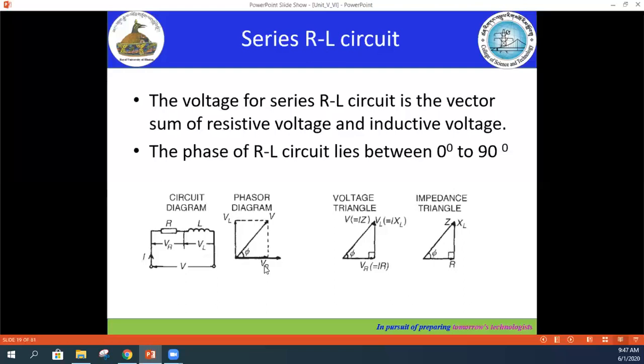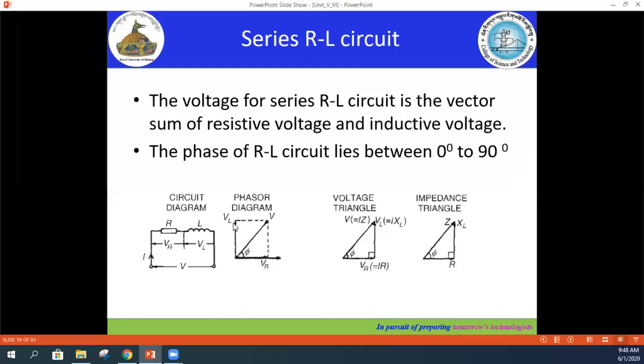And in the case of a purely inductive load, your VL is leading the IL by 90 degrees. Now, to find the resultant voltage for this series connected R and L circuit, this is the resultant voltage. You can get it with the vector sum of this VR and VL, and whatever this angle is, it will be within 0 to 90 degrees.